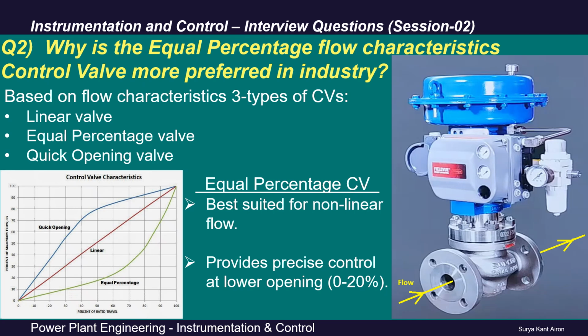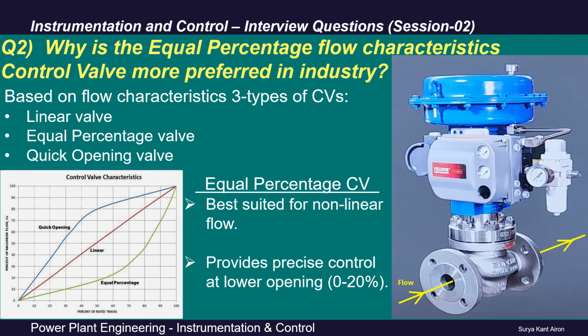First one is linear opening control valve, second is equal percentage control valve, and the third one is quick opening control valve. Friends, as we know, a control valve is to be installed in a pipeline and a fluid will be flowing through the control valve. So this fluid flowing through the control valve could be linear flow or non-linear flow. So the choice is very simple.